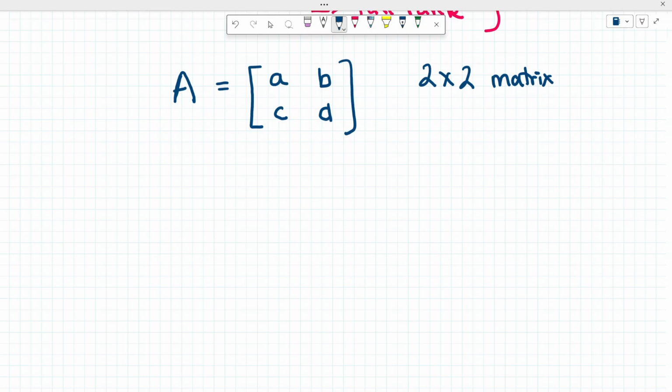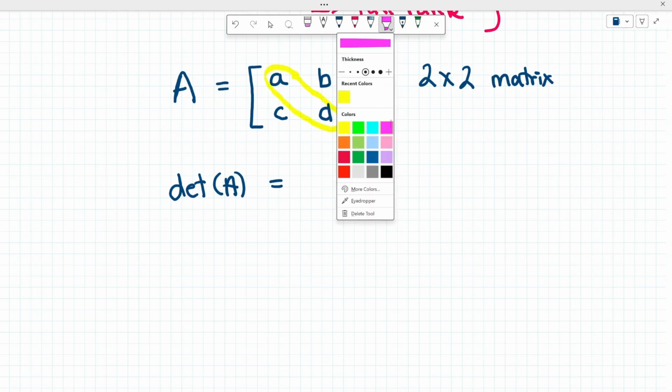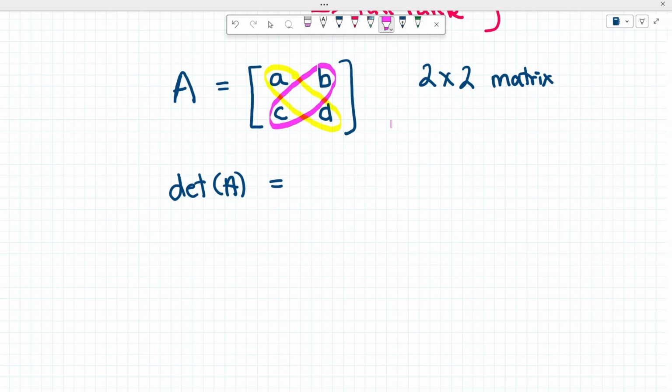Now we want to calculate the determinant of A. For a 2x2 matrix, it's a simple case, because what we have to do is simply take our A and D values and then subtract our C and B values. So our equation just becomes AD minus BC.